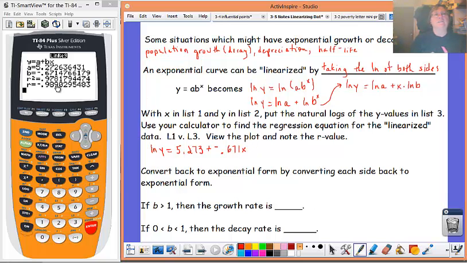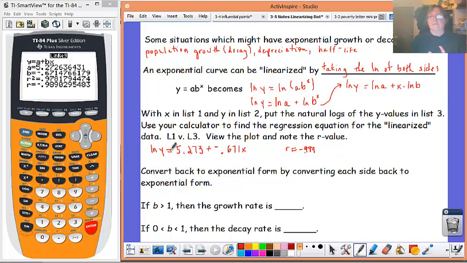Y'all look at that value of r there. That's very strong. Okay, we've got ourselves a pretty good linear association, and we got it by taking the natural logarithm of the y's and plotting it against the x's.